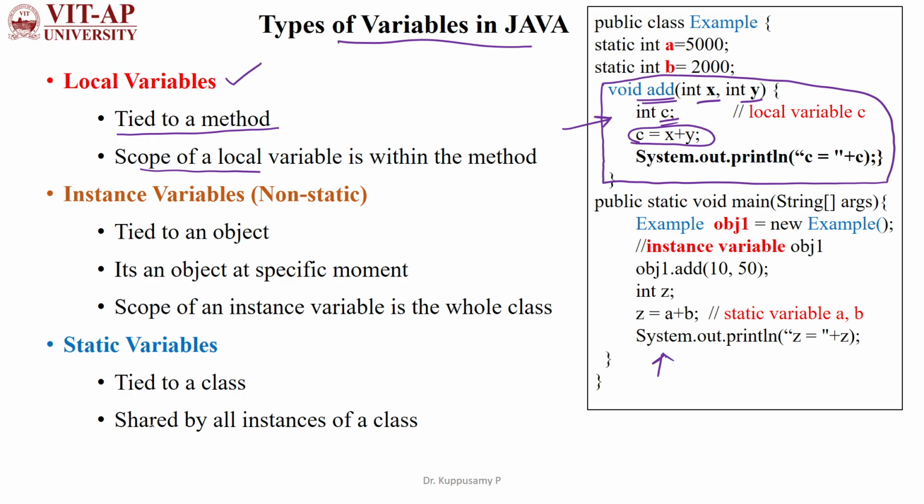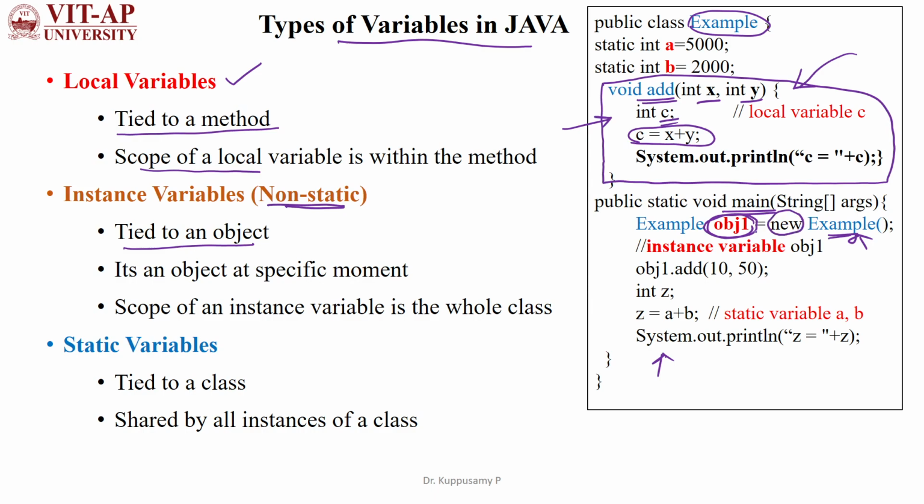And the next one is the instance variable. Instance variables are non-static variables which are tied to an object. Whenever we use the Java programming language, if we want to access the methods outside the main method, then we create objects with respect to the class. The class name here is Example. So I am creating the object variable obj1 with respect to the class Example by using the new operator.